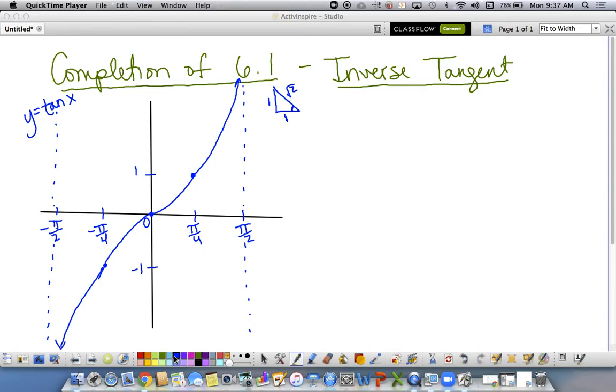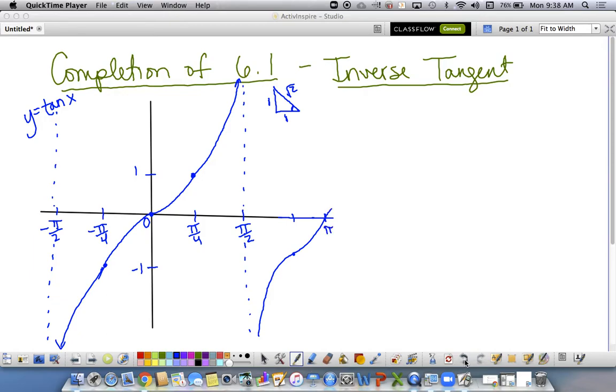Now the question is, after pi over 2 over here, if there's another point, would it come up, hit here at negative 1, let's see, and then get back to 0, I believe, at pi. Yeah, it is.